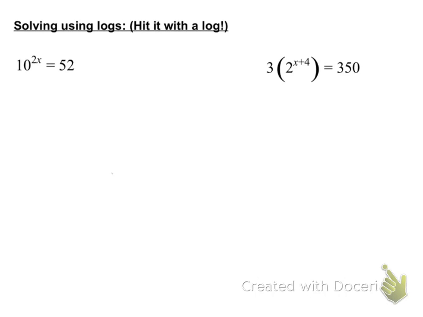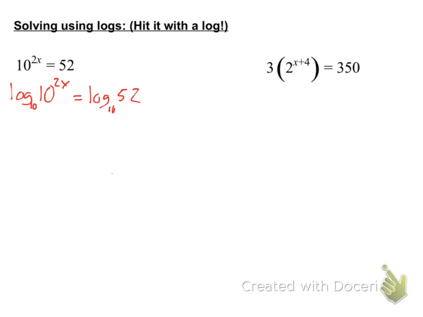What's the base? 10. What log base am I going to take of both sides? Log base 10. So here we go. Let's write this out. I'm going to write log base 10 of 10 to the 2x equals log base 10 of 52.